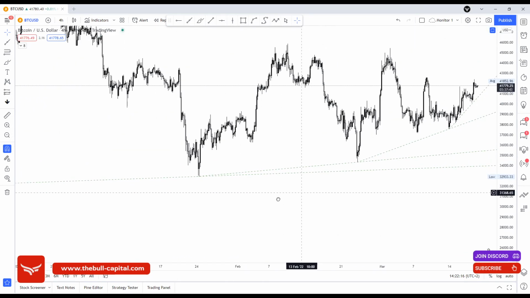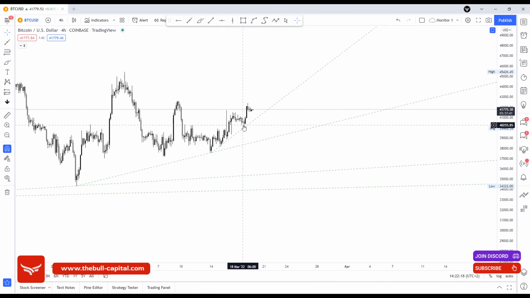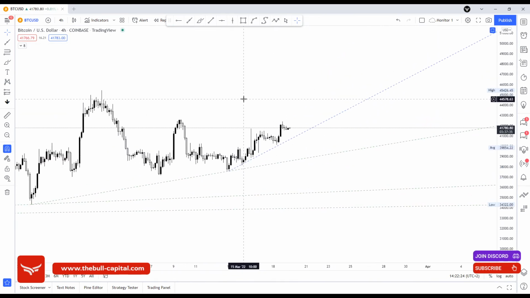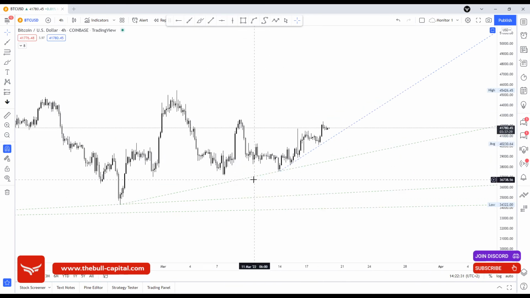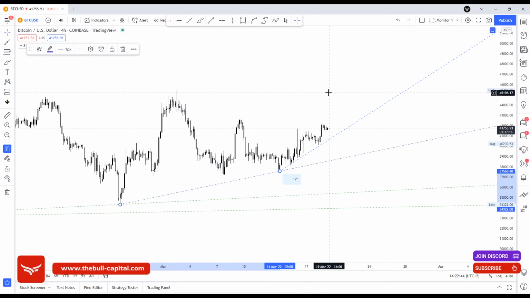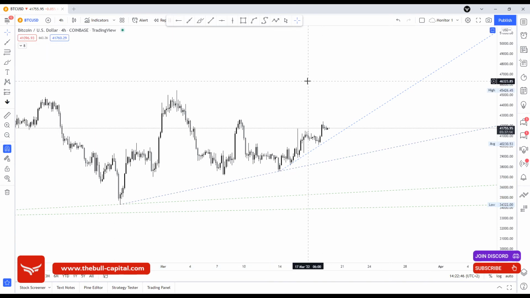For example, this is a 1 hour trend here. I'm gonna change the color to blue. This 1 hour uptrend is weaker than the 4 hour uptrend. I'm gonna mark it with purple. It's a 4 hour uptrend.